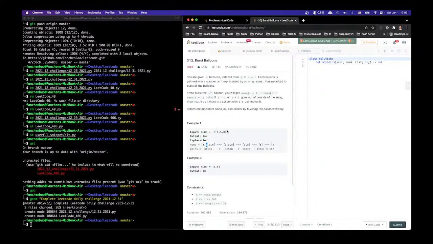Position, range. No. Alright, I need some hints. Let's see what the discussion can help me. Yeah, I have no clue.